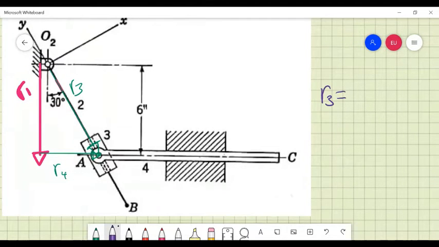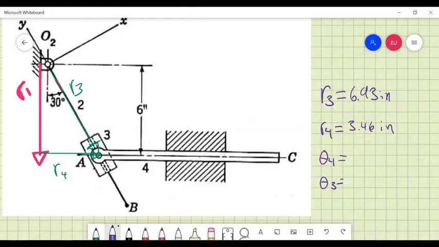So R3 was equal to what, and R4 was equal to what? This should be in your notes already. R3 is equal to 6.93. R4 is equal to 3.46.